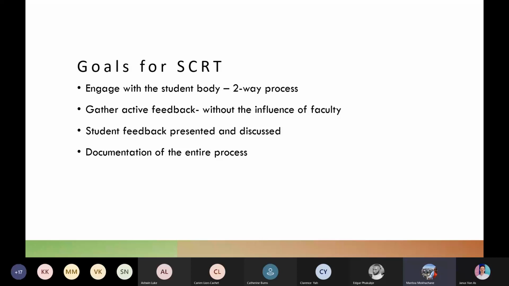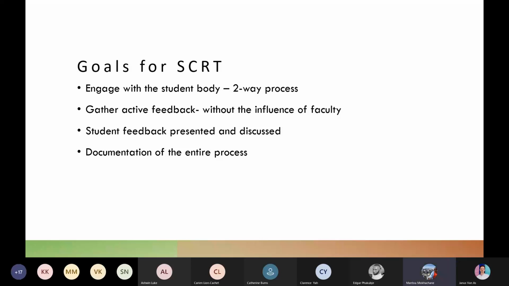The faculty would send an evaluation form to the students, and when the students have responded, it is then sent to this team of students, who would look at the repetitive positive comments as well as areas to improve.